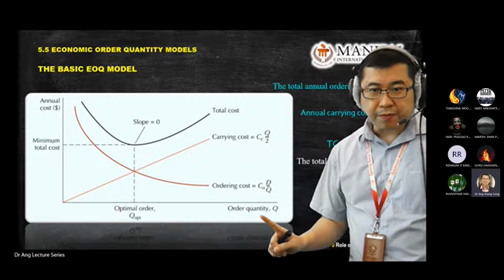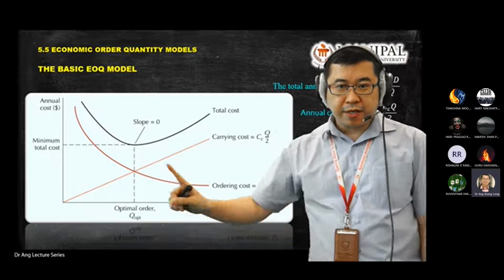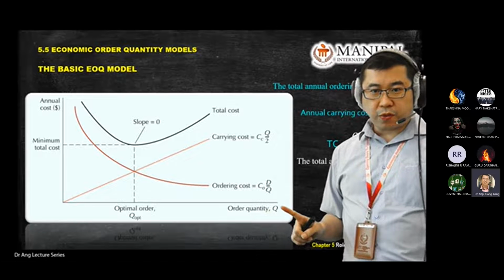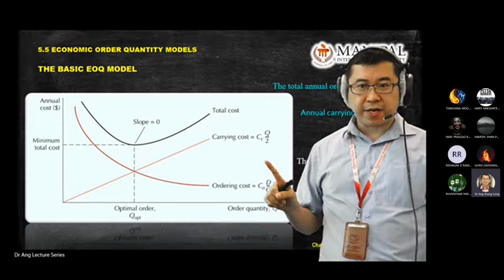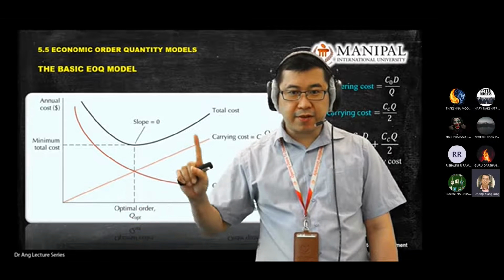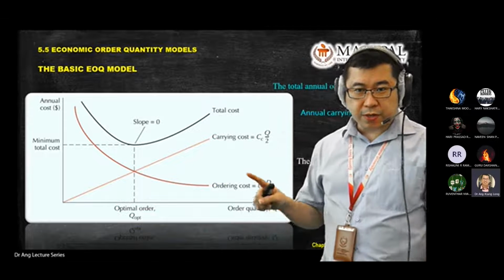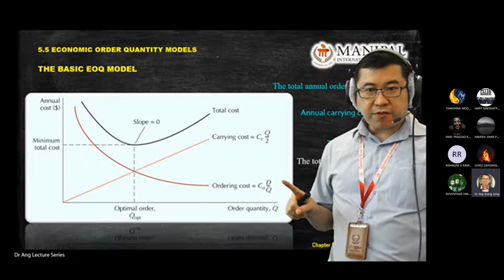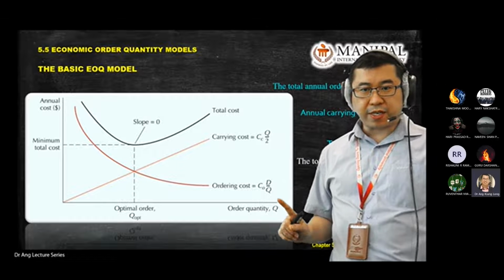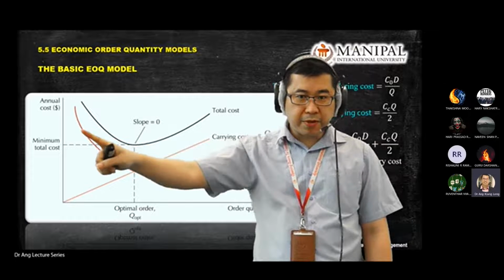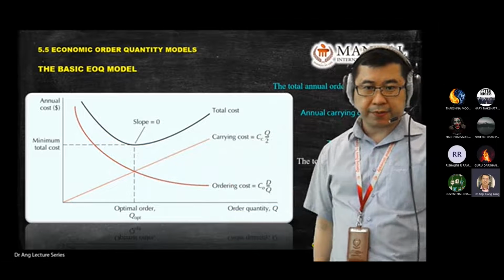The carrying cost will always increase linearly with your order quantity, right? You buy every time increase, right? Another one is the ordering cost. Ordering cost will vary inversely with the carrying cost, in a parabolic manner.